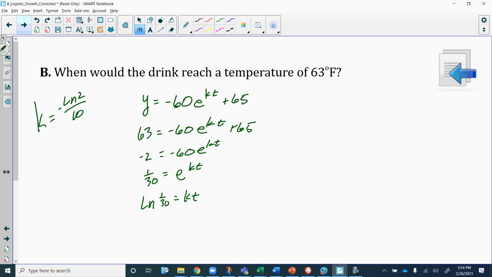So we're going to wind up with the natural log of 1 over 30 divided by negative natural log of 2 over 10. You can multiply by the reciprocal if it makes it a little easier, or just type it into your calculator. That'll give you the time, and if you work that out, the time will be approximately 49.069 minutes.